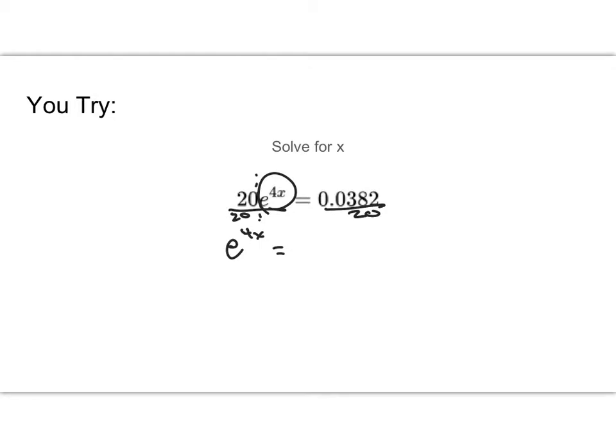When I divide 0.00382 by 20, I get 0.00191. And then I have to bring down my exponent, so I need the inverse of an exponential. So that means I'm going to take the log of both sides.